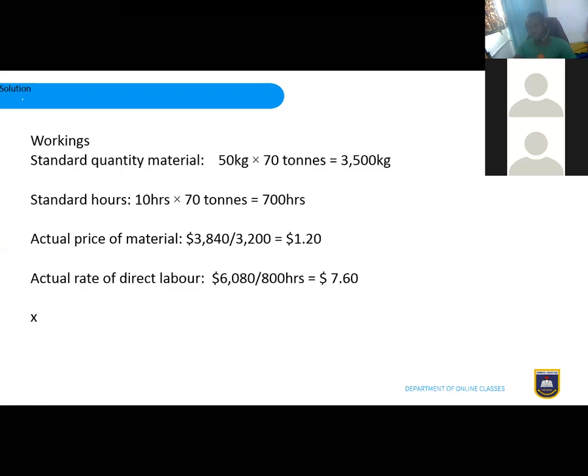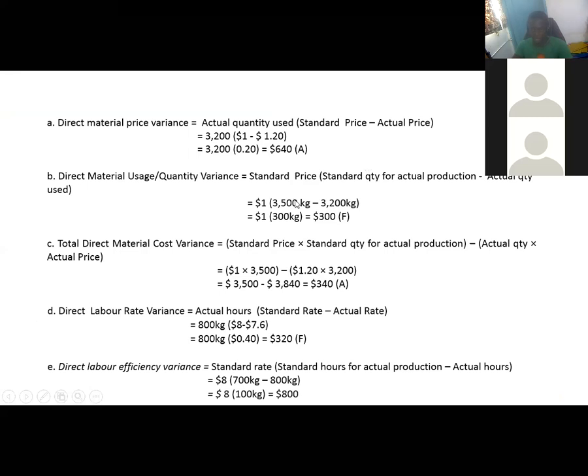So when we multiply 50 kg times the units produced at that time, we get 3,500 kg. The focus is on the standard total that was produced. The actual production done during that period is 3,500.